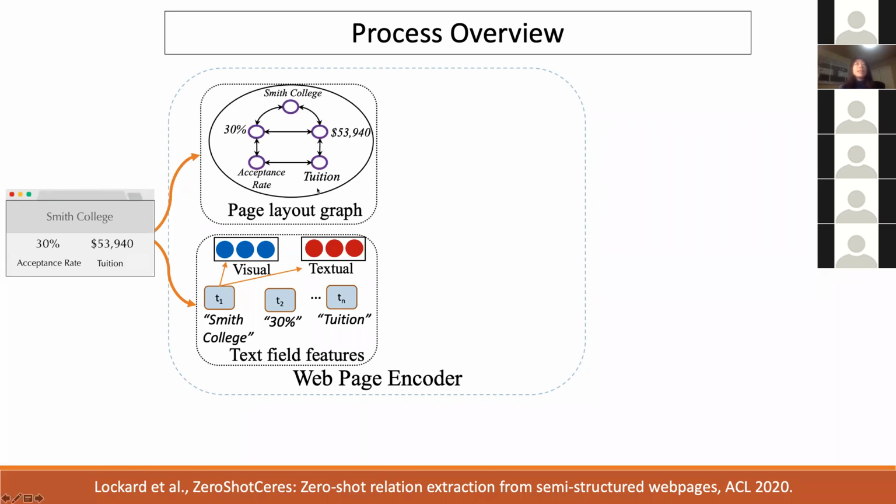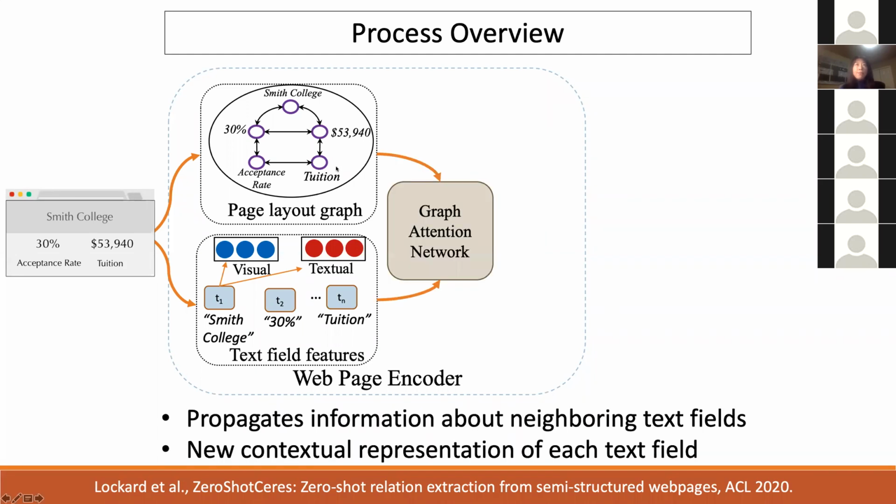Meanwhile, we generate the page layout graph, and we feed the two into a graph attention network. This allows us to propagate the information among the neighboring text fields. And that generates the contextual feature for each text field. So the contextual feature will contain the features of the node itself as well as the neighbors.